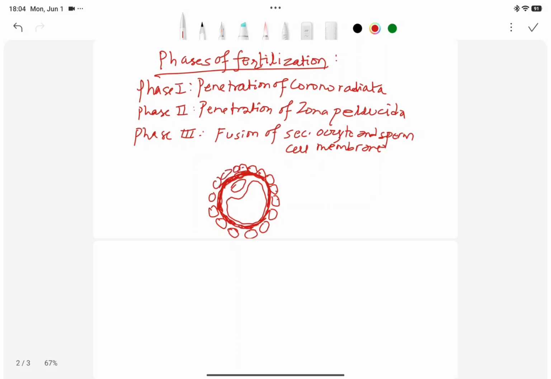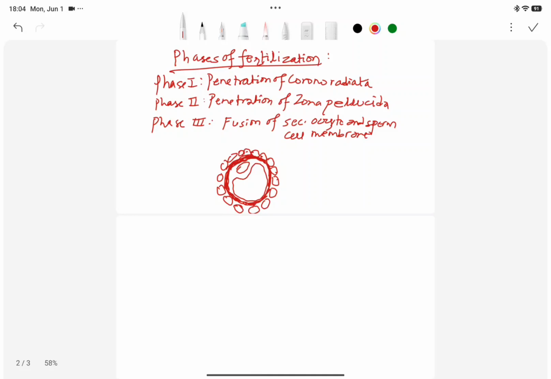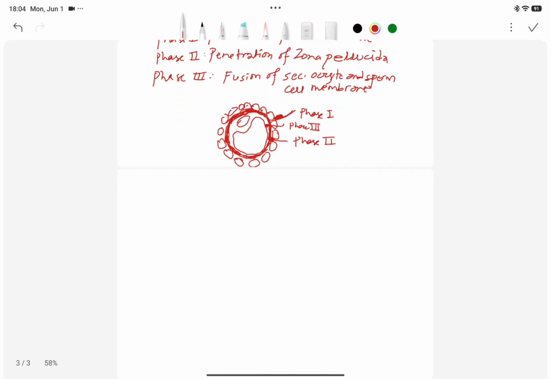For the sperm to penetrate, first it should penetrate the corona radiata, that is phase 1, and then the zona pellucida, that is phase 2, and then come in contact with the membrane of the secondary oocyte, that is phase 3. So these are the 3 phases of fertilization.